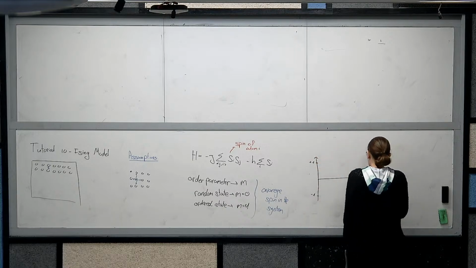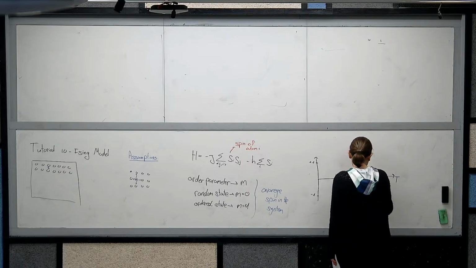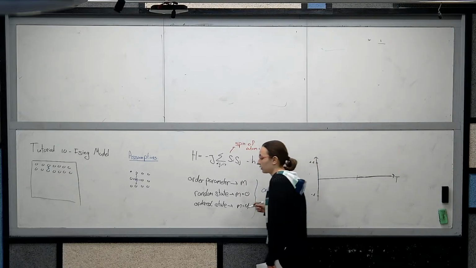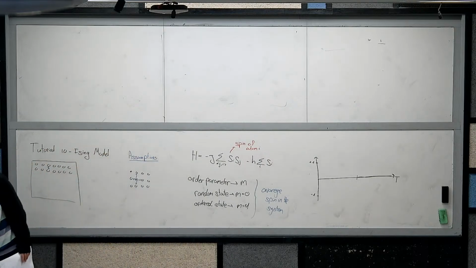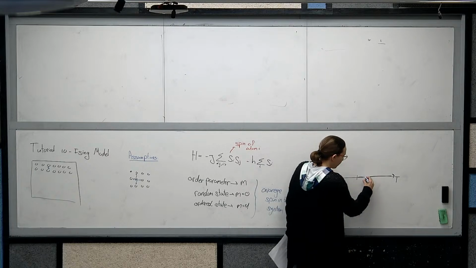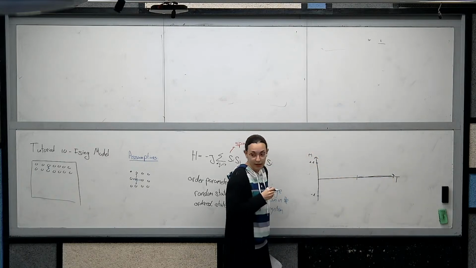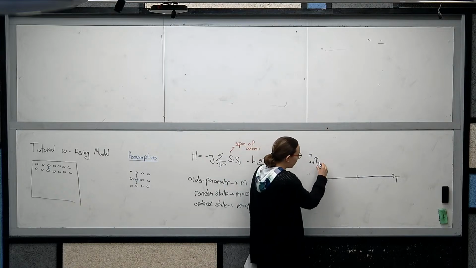And for high temperatures, we will find it at, let's use another color, a random state. So the total graph will look something like this.